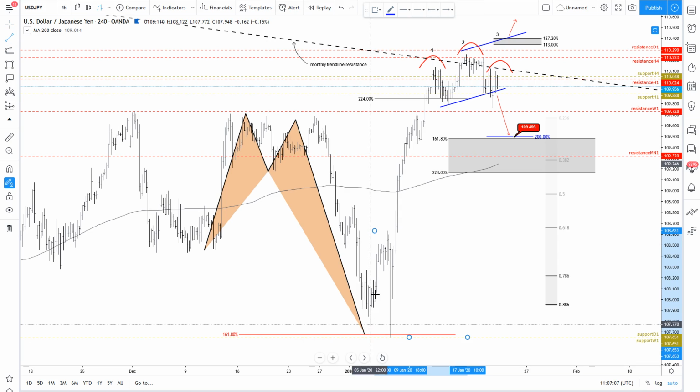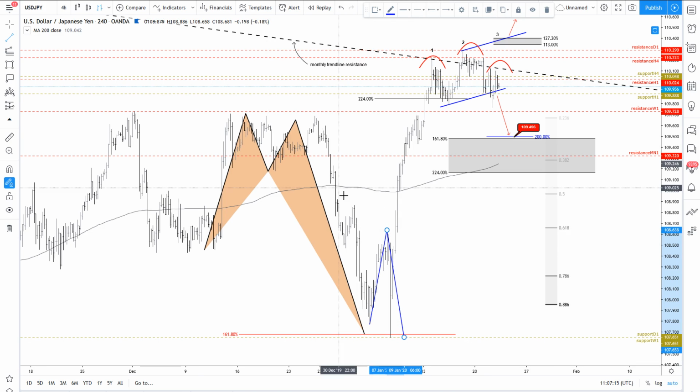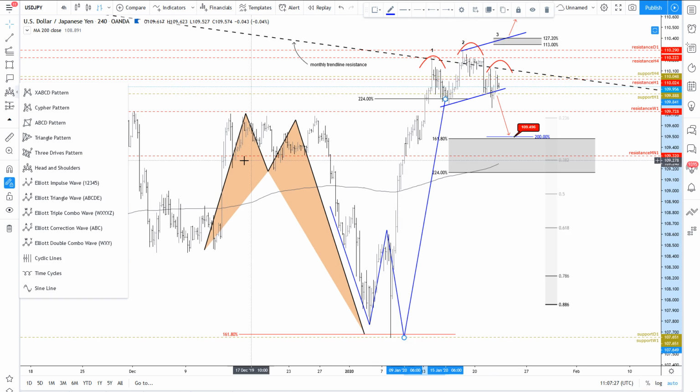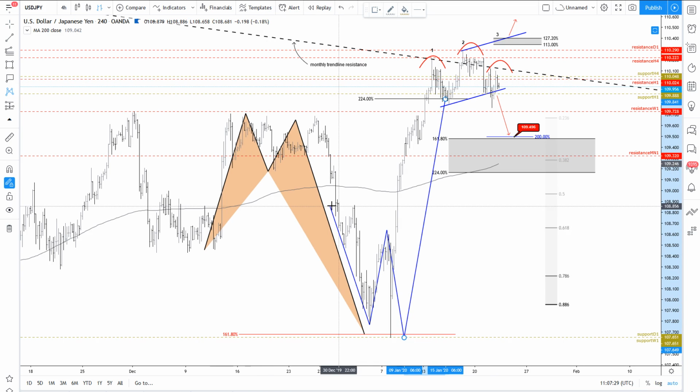It's an extension from this previous swing low, extended above. Again, we are talking about the eventual reversal Fibonacci extension between the 161 and the 224% Fib. This completes another sequence very similar to the previous one extended.